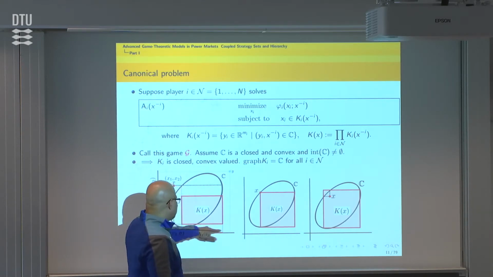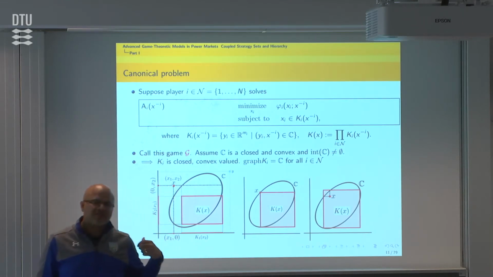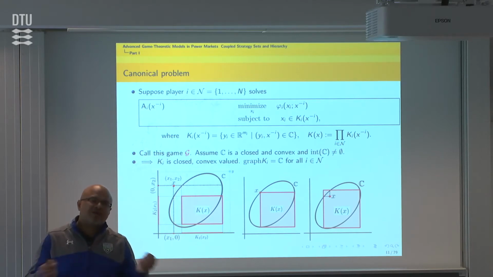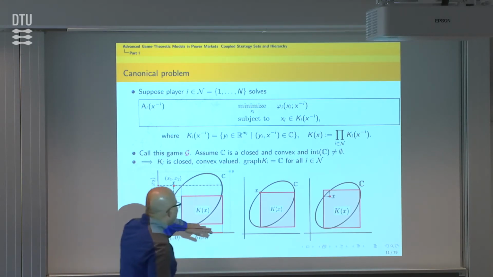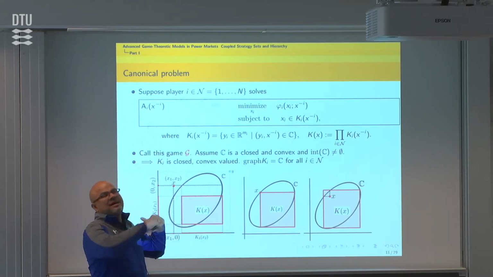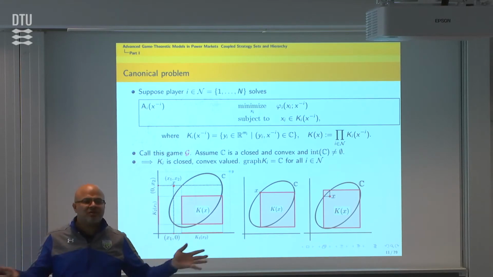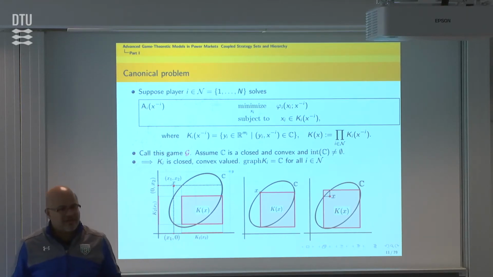Now you might say, is K1 of x2 just a line? No, it's not necessarily a line. It was just that in this case it's a two-dimensional problem. It's the Cartesian product of sets. So if you look at K1 of x2 and imagine that in the space of x1, this is a set, could be some polyhedral set, and that's another polyhedral set. So you have a Cartesian product of two polyhedral sets.